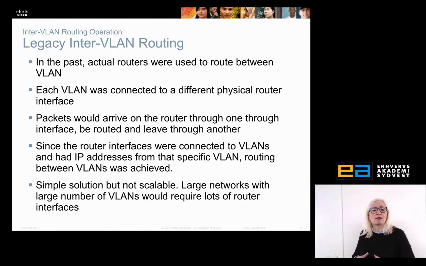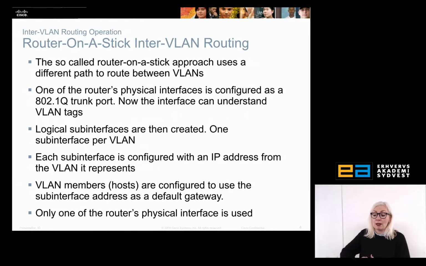If we have a few VLANs, well, it's okay. If we have 30 VLANs, we basically would need a router with 30 physical Ethernet interfaces of some kind. And probably we don't have that. But this is the legacy inter-VLAN routing.